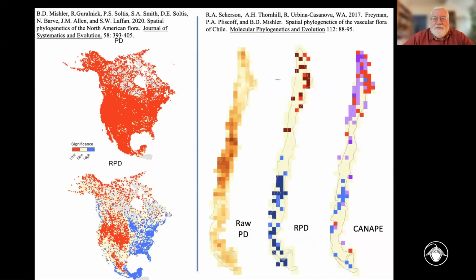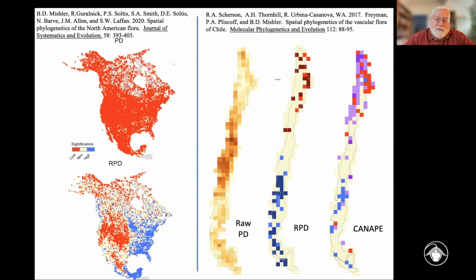And then just to finish up this section, let's just say that it's been applied to all of North America. We showed you this briefly. There's a wonderful distinction in RPD between the eastern US and the western US, which clearly shows that there's older branches and an older flora in the eastern US than there is in the western US. We've also looked at Chile and many other parts of the world.